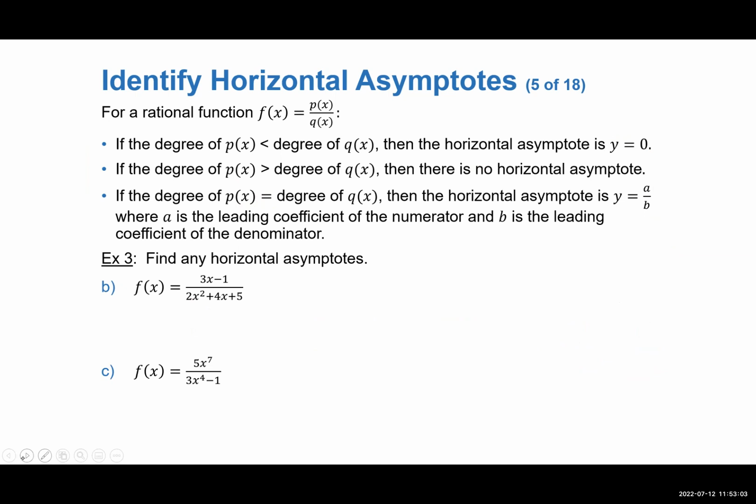On your test, it's going to be just like this. It's going to give you a rational function and ask, what's the horizontal asymptote? Using that same chart, this is a 1 and this is a 2. So this is bottom heavy. Bottom heavy means the horizontal asymptote is 0.